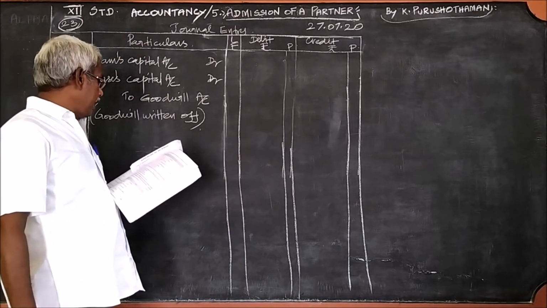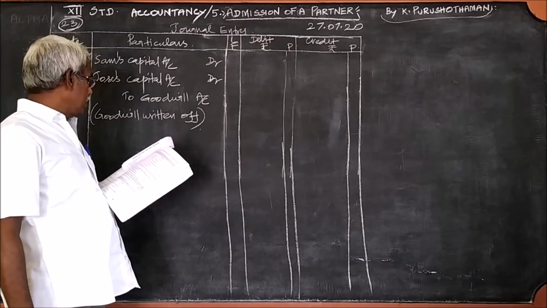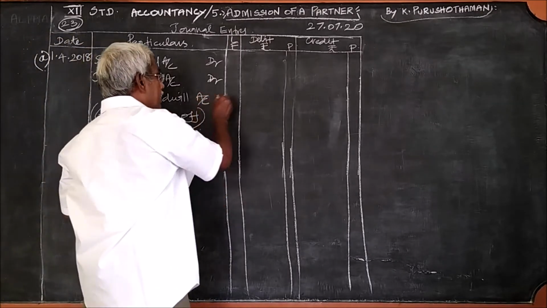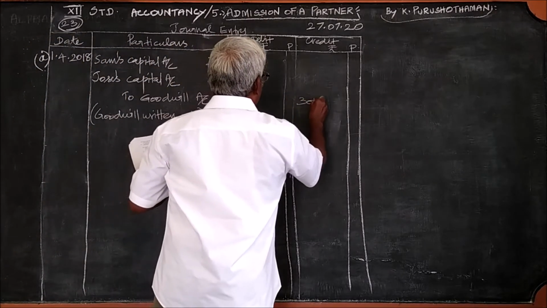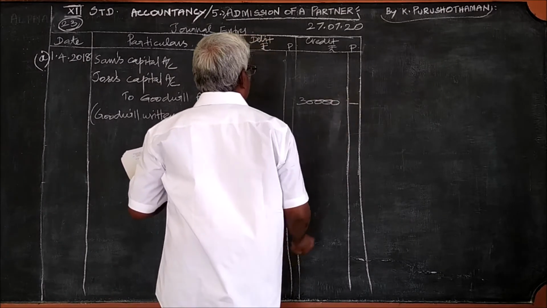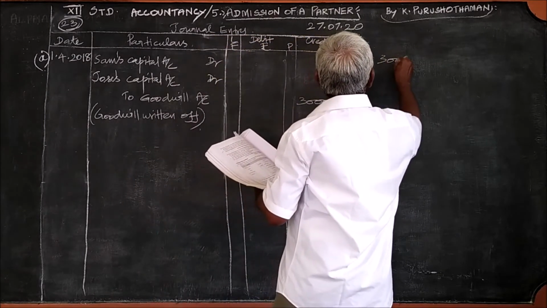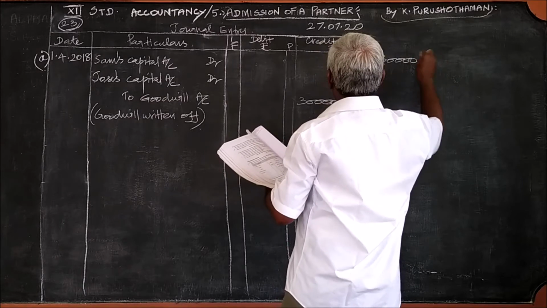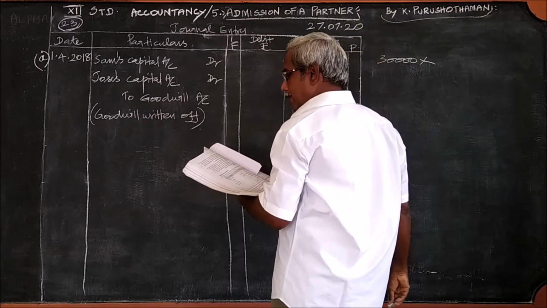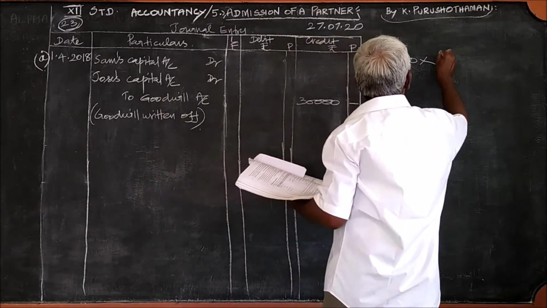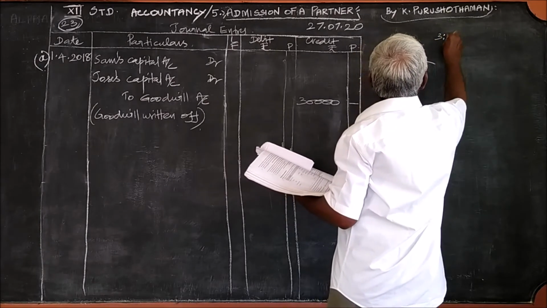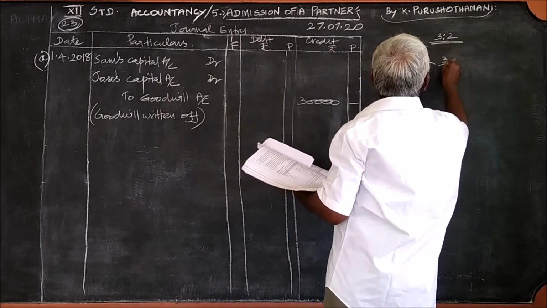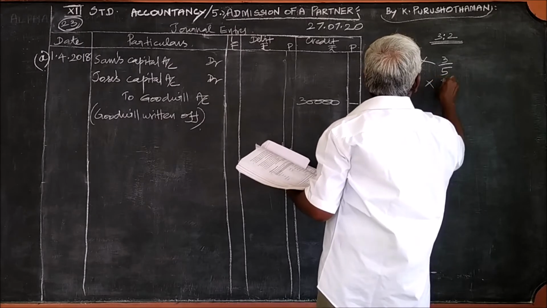So what amount is divided among themselves? Rupees 30,000. This amount 30,000 is written off in the ratio 3:2. Therefore, 3/5 and 2/5.